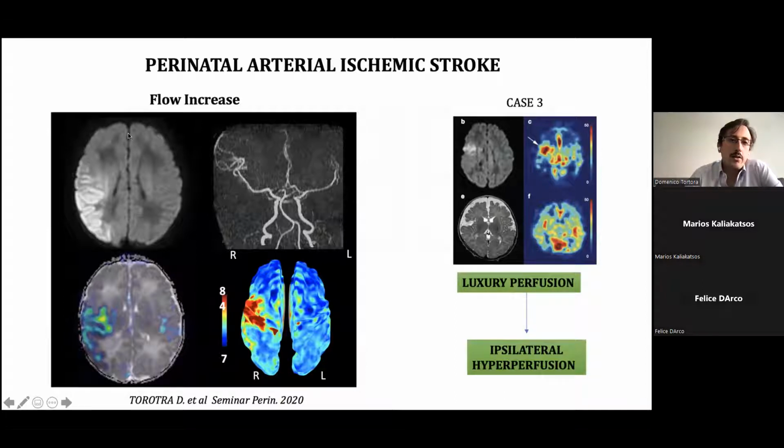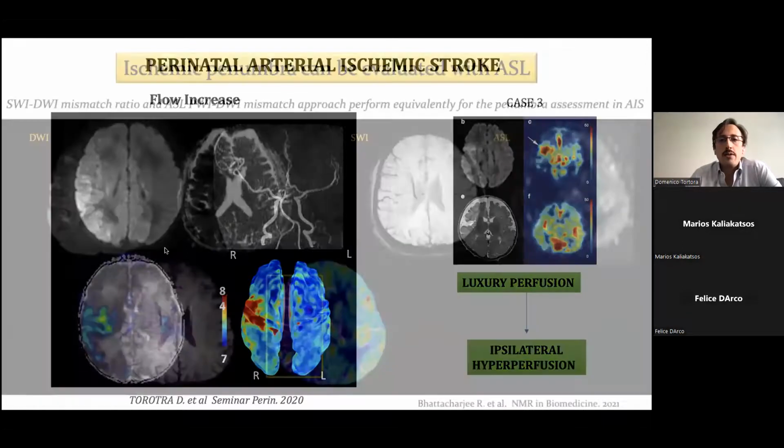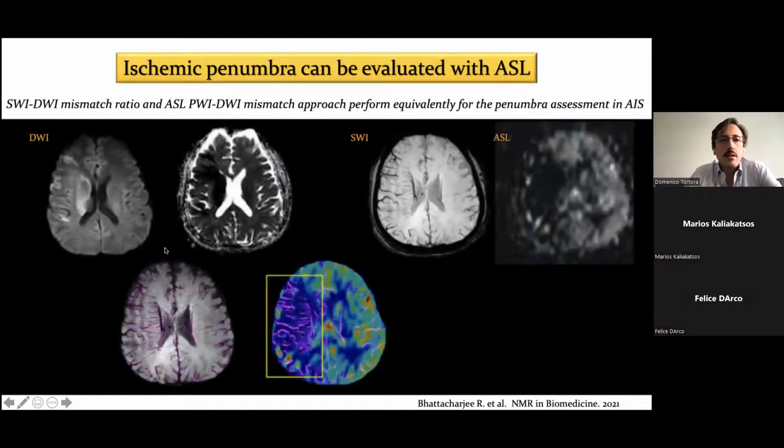You can see an increased representation of blood flow at MR angiography, and you can see that the ischemic core is characterized by hyperperfusion. So it is a pattern that can be seen in particular in the acute stage of perinatal stroke.